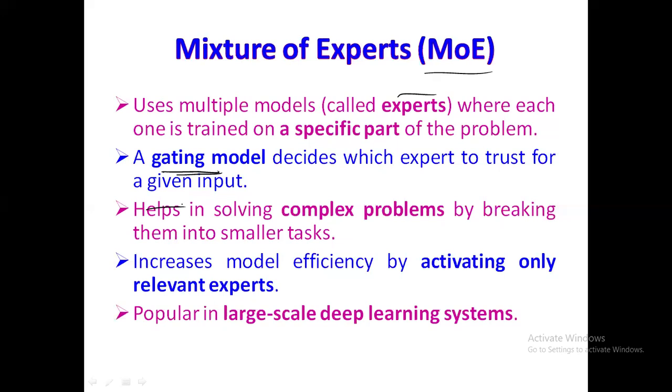This architecture is particularly useful for handling complex or large scale tasks by dividing the workload among multiple experts. MoE improves efficiency and interpretability by enabling dynamic selection of relevant models. It is commonly used in large scale deep learning systems where computational resources need to be managed intelligently.